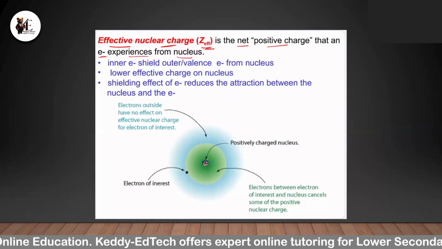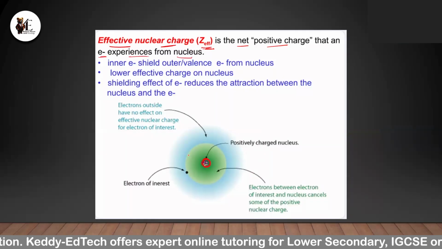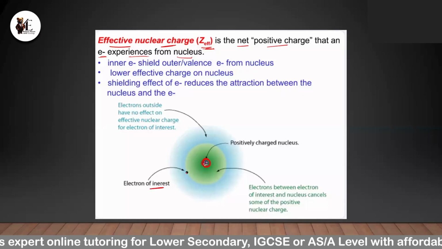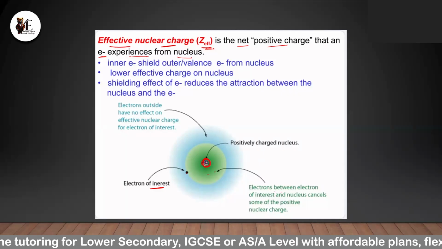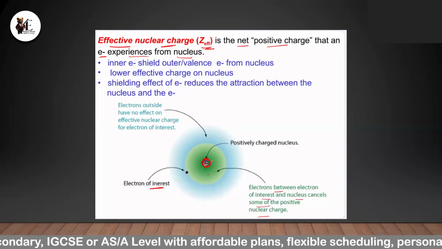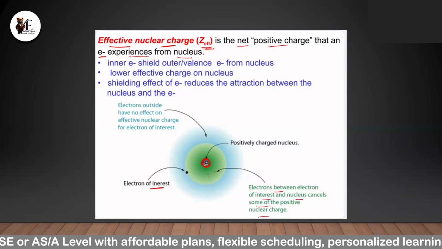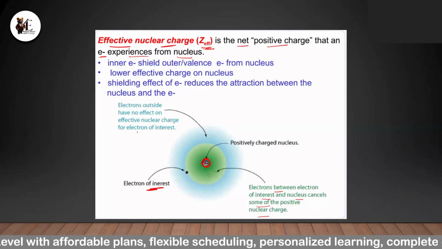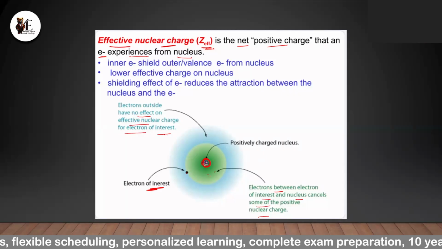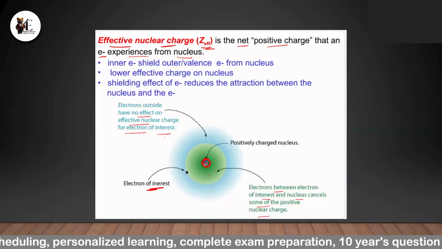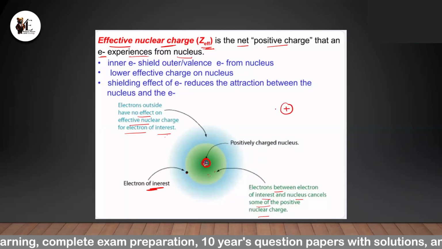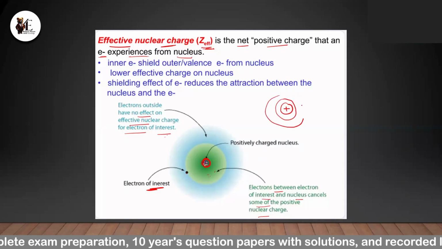You know that this is your positively charged nucleus, and in the outer shell you have electrons. Suppose this is the electron of interest, and these are your electrons between the electron of interest and the nucleus. So they cancel some of the positive nuclear charge. Electrons outside of this electron of interest have no effect on the effective nuclear charge for the electron of interest. So basically, in effective nuclear charge, you have a nucleus here, and in the shells you have electrons.